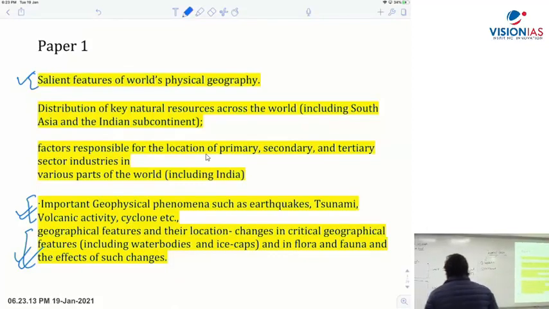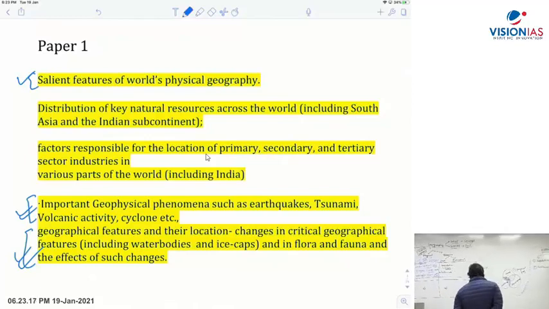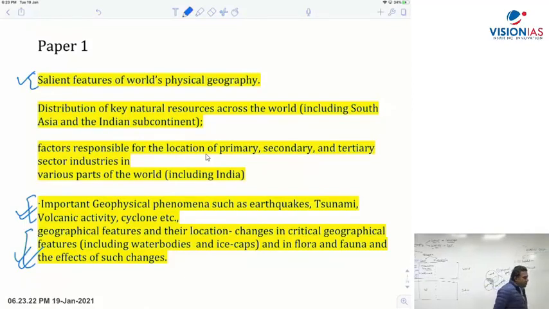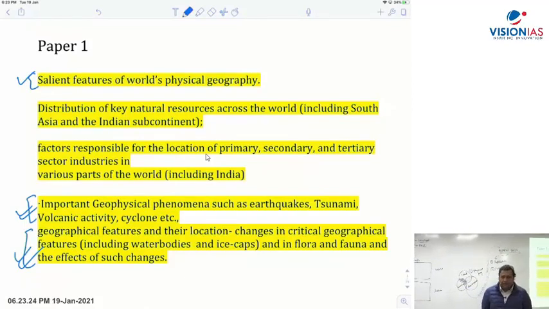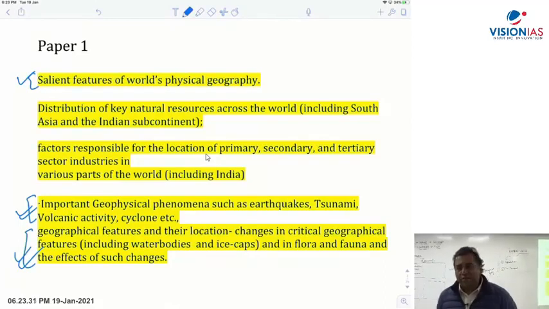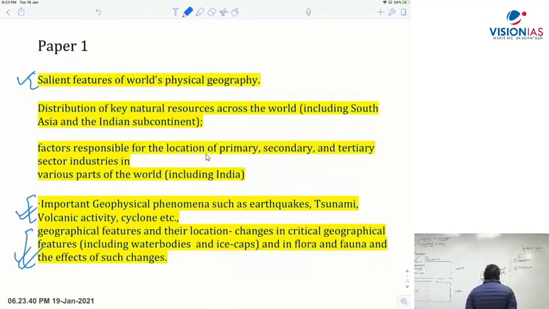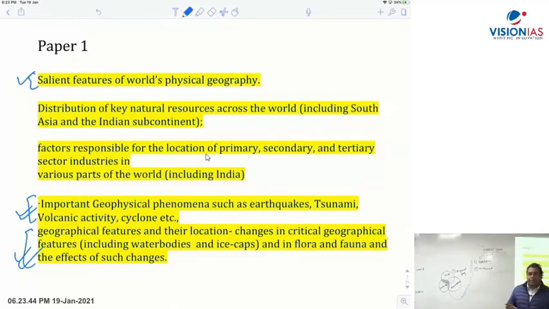So Pakistan, Nepal, Bhutan, okay, Burma, to some extent. We don't include whole of Burma in the Indian subcontinent, but still to some extent. And Bangladesh mainly. That is also part of Indian subcontinent. And broadly politically we also include Sri Lanka in this. So we have to learn about the resources of all these and India also.